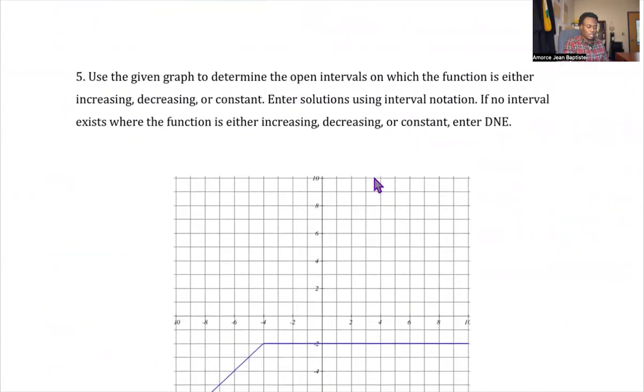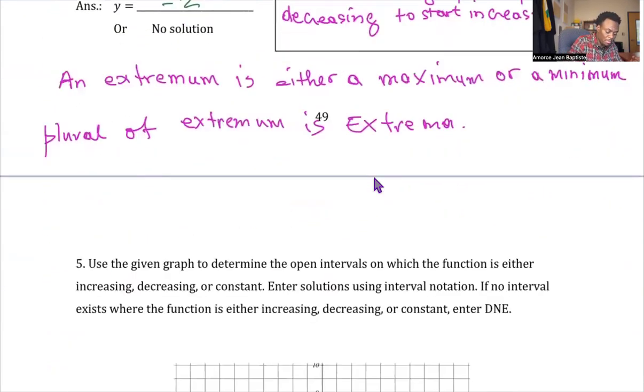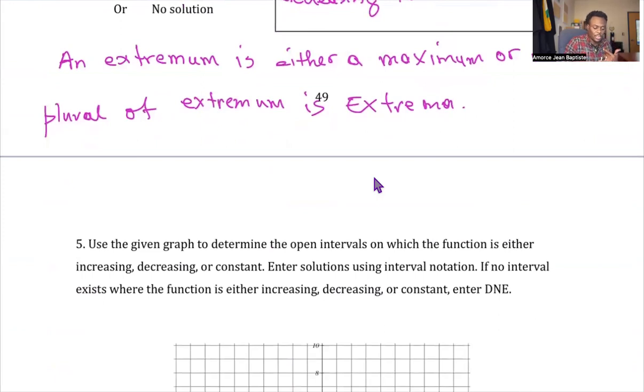Let's do more. Well, remember earlier we were talking about decreasing and increasing.